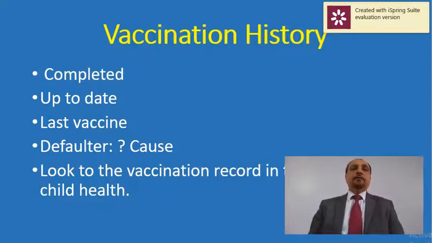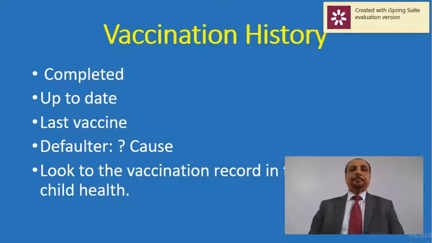So we have to know whether he is regular for the vaccine, by knowing the last dose given, or he is a defaulter and he missed 1 or 2 vaccines. We will ask why he is a defaulter, whether there is a problem with the child, or he was sick, or so on.